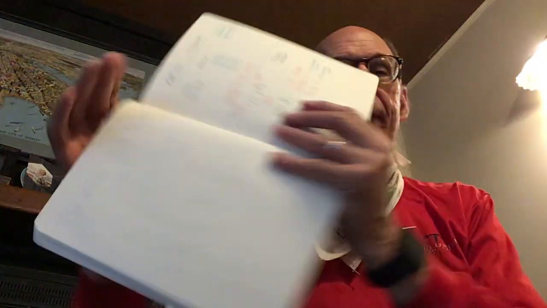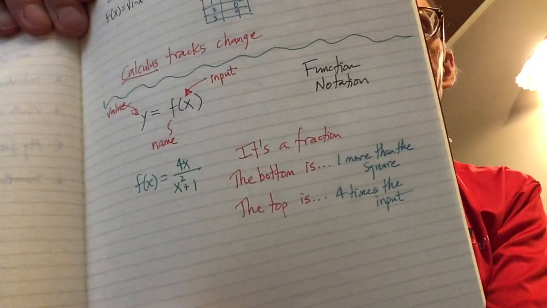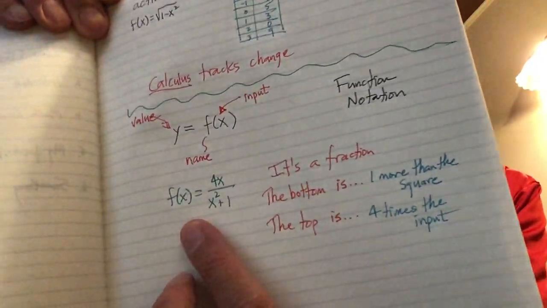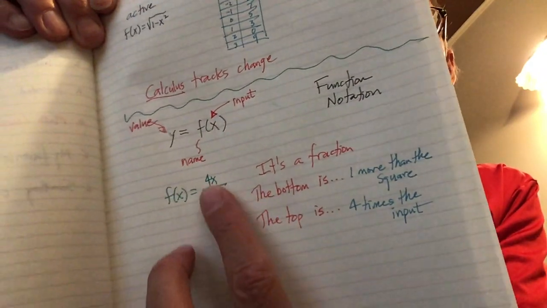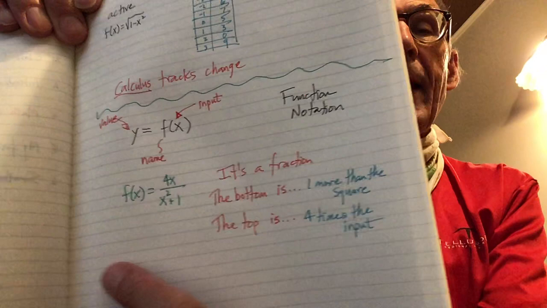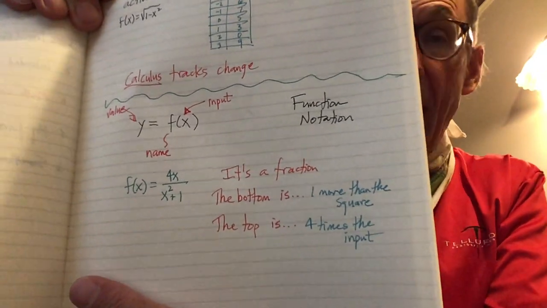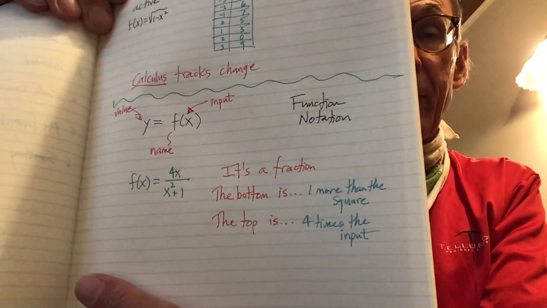Boom, you've got something. The top of the fraction is 4 times the input. So that's how we think about this function here. It is a fraction. The bottom is 1 more than the square. The top is 4 times the input. And now we can understand what the action is in this active function.